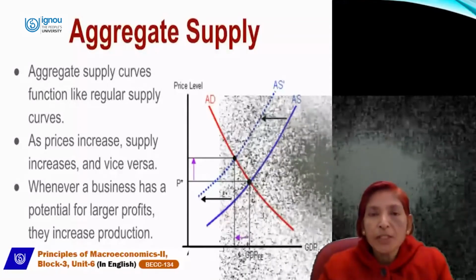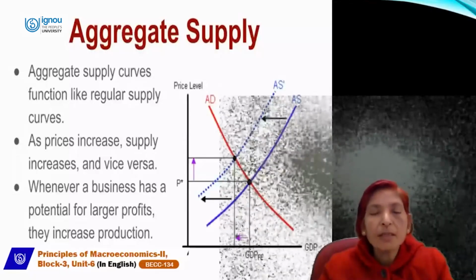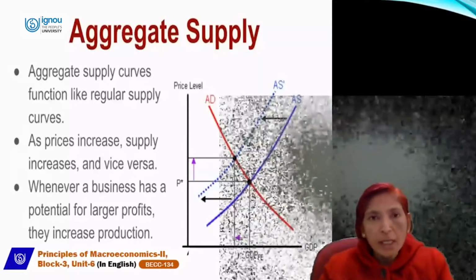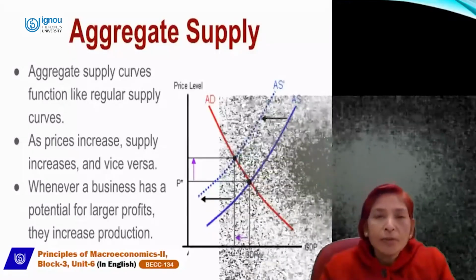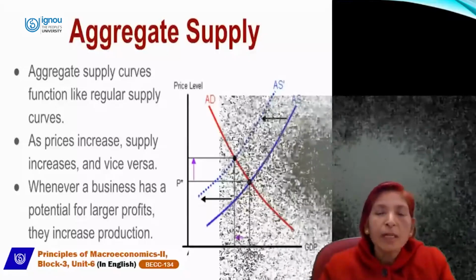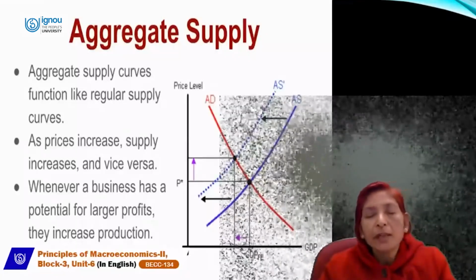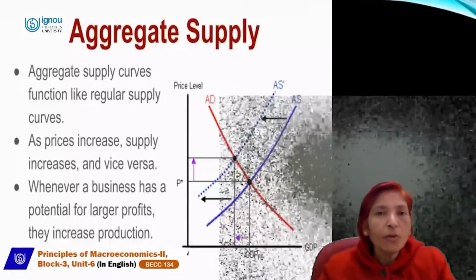And if the supply curve shifts to the left-hand side, it means there is a decrease in aggregate supply. Then, if supply falls, the new equilibrium point will shift from E to E1, and the equilibrium price will rise from P to P1, and real GDP or income level will fall from Y to Y1.